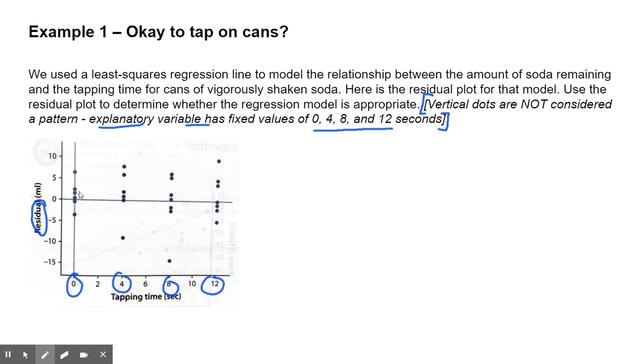So the question is, is there a pattern in where these dots are? Well, I have some dots above, some dots below, some dots on. Above, below. So I would say that there's no pattern in how these dots are on this residual plot. So I'm going to say the following.